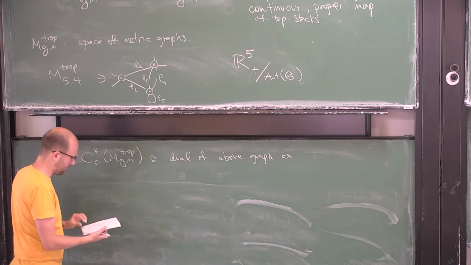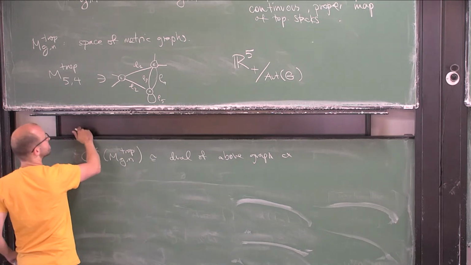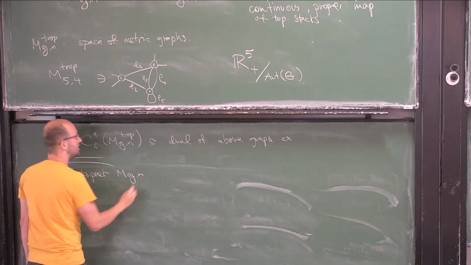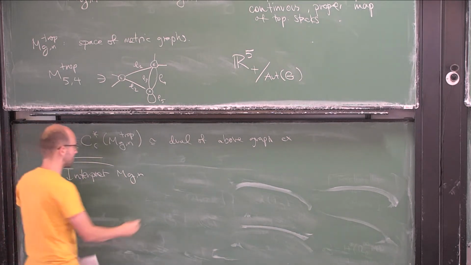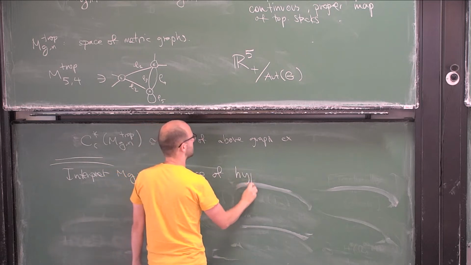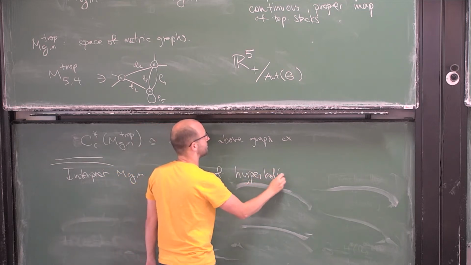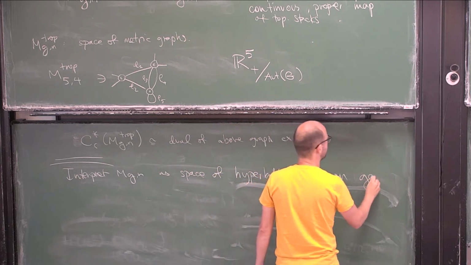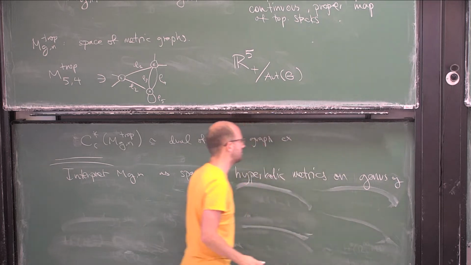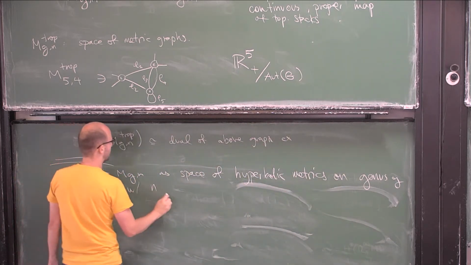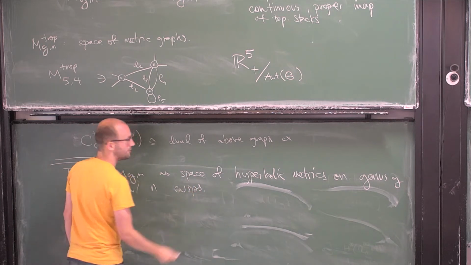And now I can define the tropicalization map. I want to interpret this space M_{g,n} as the space of hyperbolic metrics on the genus g surface, and I want to have n cusps for this hyperbolic metric.